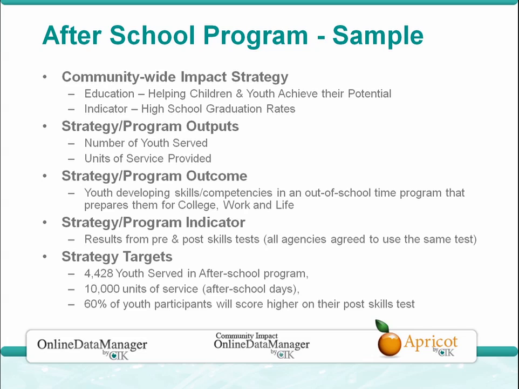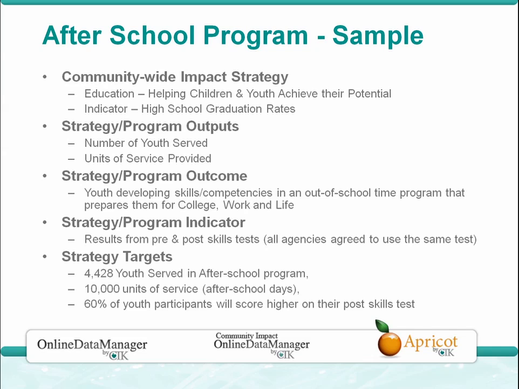That was our North Star. That was our community-wide issue. One of our indicators was high school graduation rates, and we got that information from the county school district so we could track how high school graduation rates were changing.